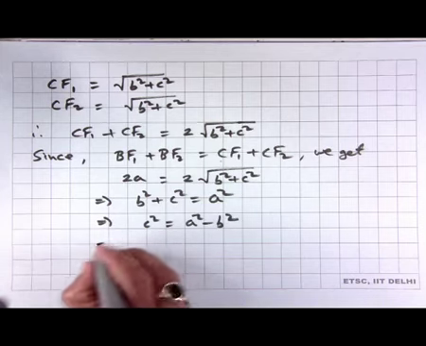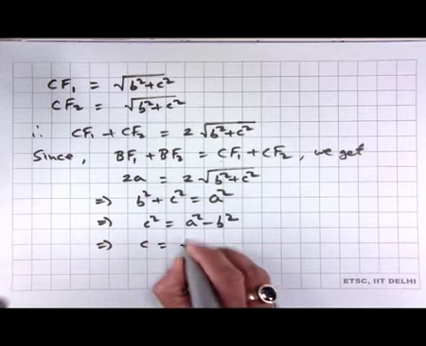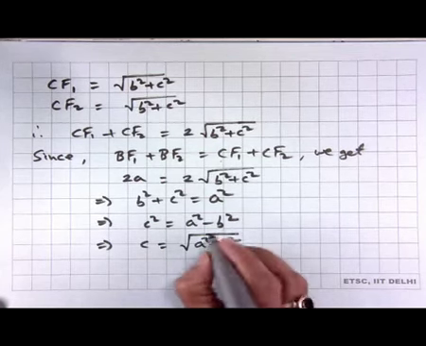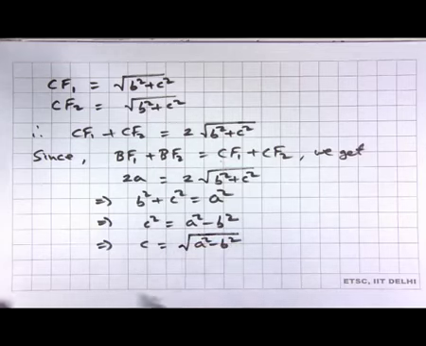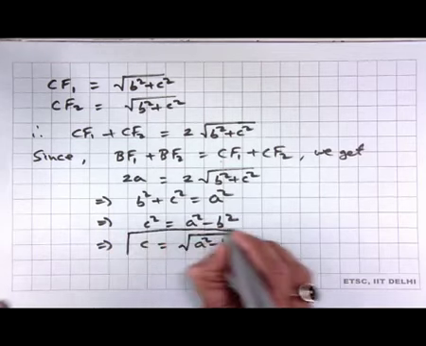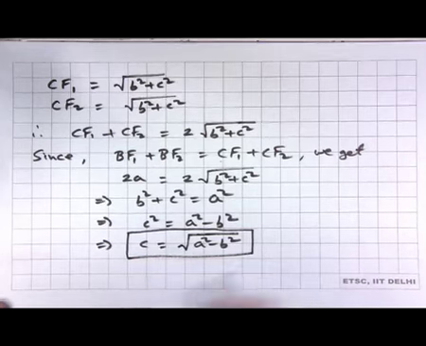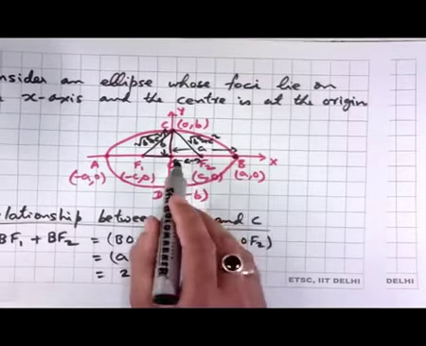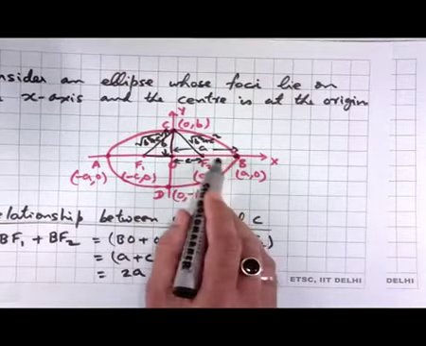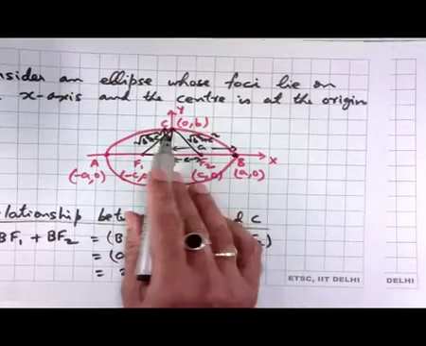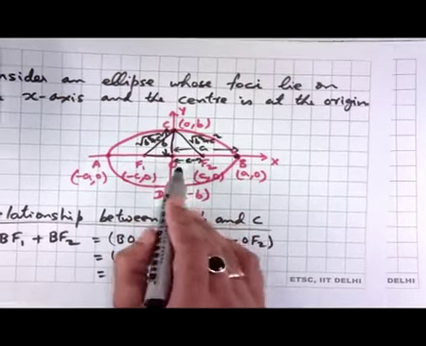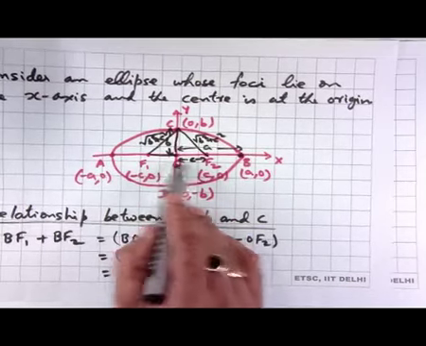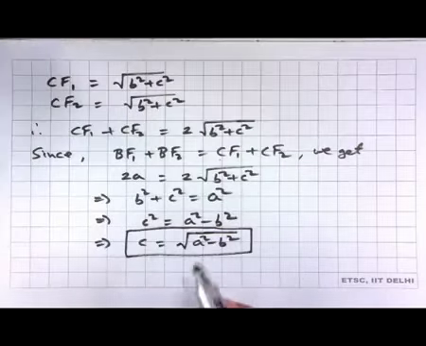So, c is the square root of a square minus b square. This is the relation between a, b and c: if the lengths of the semi major axis and semi minor axis are a and b, then the distance of any of the foci to the center, c, is given by c equal to the square root of a square minus b square.